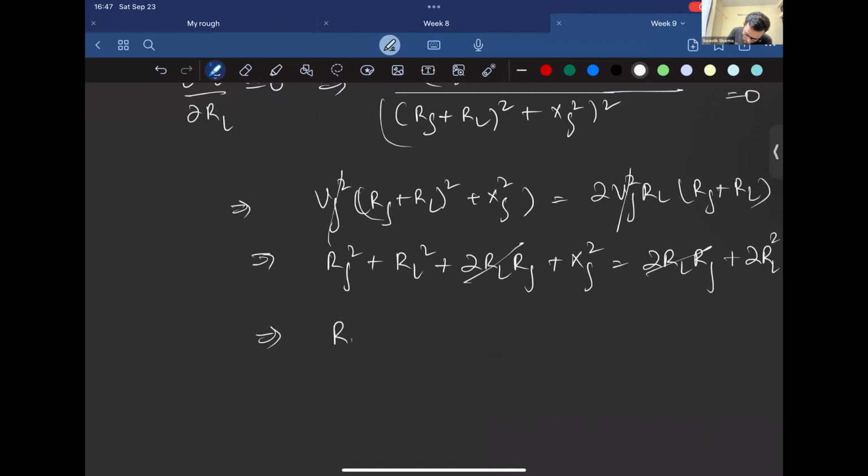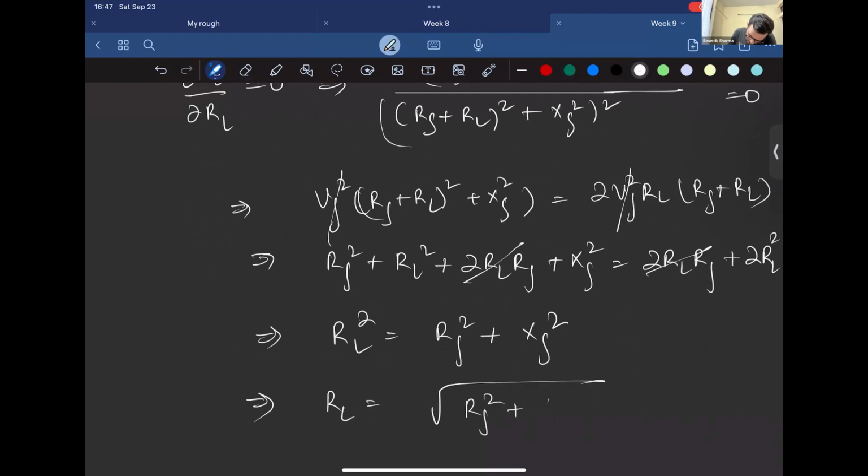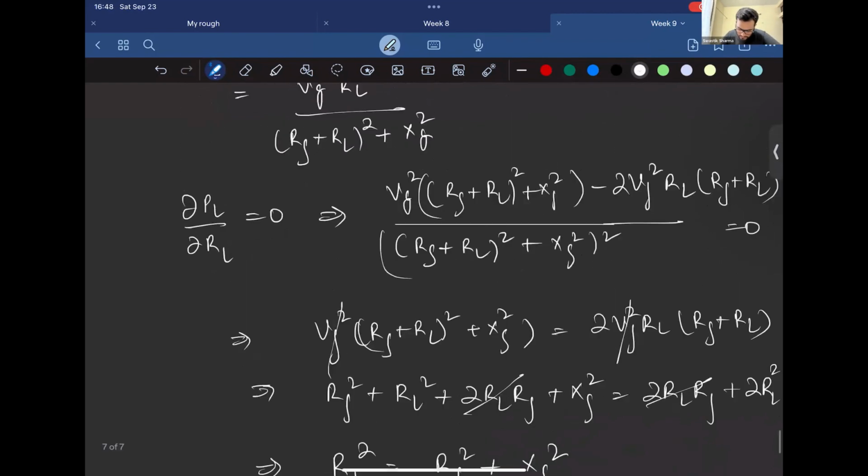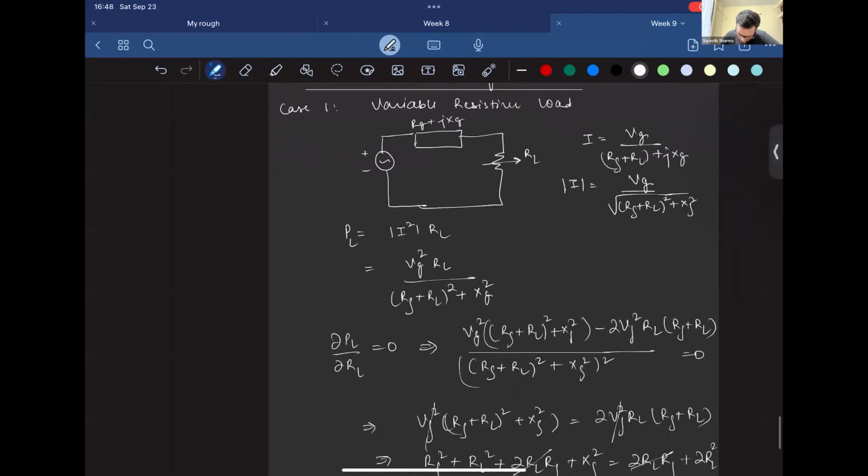For me it comes out to be RL square equals Rg square plus Xg square. Is that what you were talking about? So RL comes out to be the square root of Rg square plus Xg square, which is nothing but the magnitude of Zg, right? So if this is your answer, very good, Nanessa.